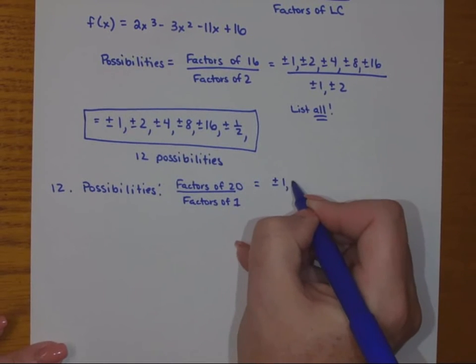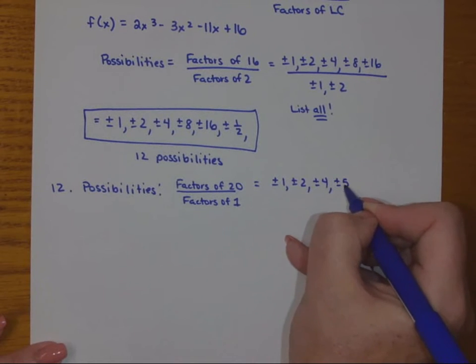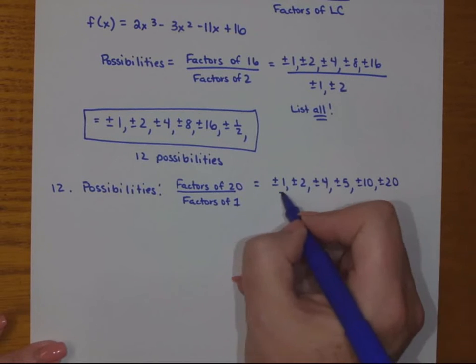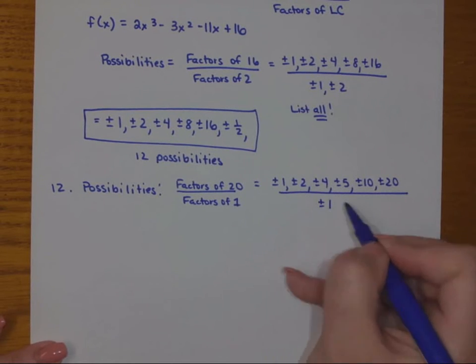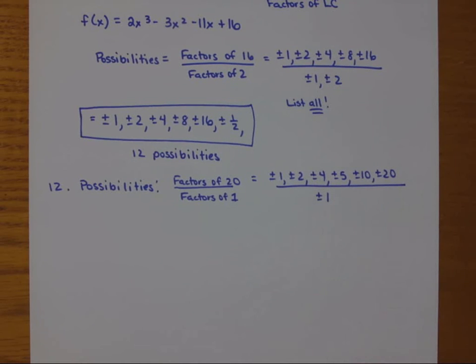So it's just going to be 1, 2, 4, 5, 10, and 20. And then notice the first number is just 1. So it's basically just all of the top numbers. So that is still a lot of choices to try.